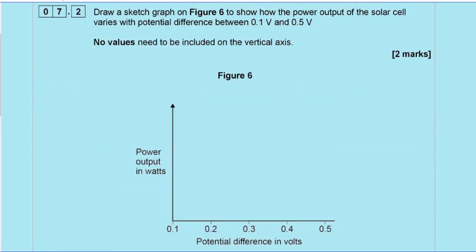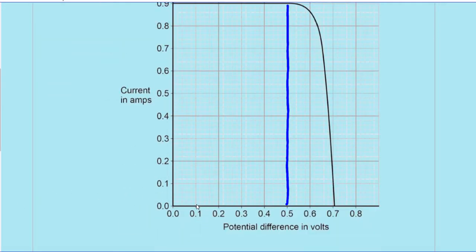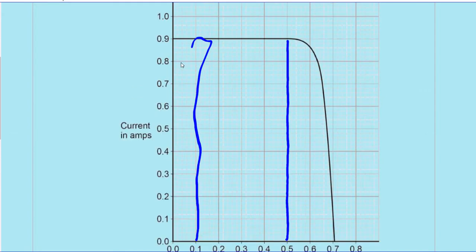In 7.2, we've got to draw a sketch graph to show how the power output of the solar cell varies with the potential difference between 0.1 volts and 0.5 volts. Okay, so if we go back to here, between 0.1 and 0.5, the current is staying the same.